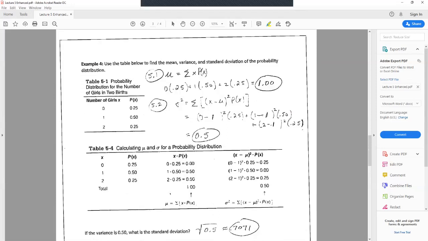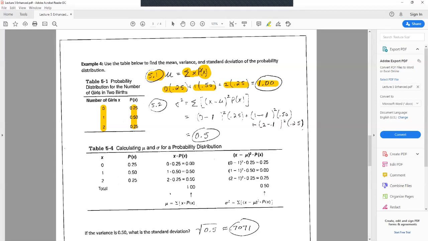If you look at Formula 5.1, remember it says that if you want to find the mean of a probability distribution, you just take the sum of each x value times its corresponding probability. So the x values here are 0, 1, and 2. These are the probabilities. So I'm going to take 0 times its probability, plus 1 times its probability, plus 2 times its probability, and I get 1.